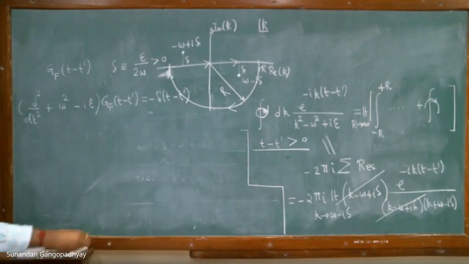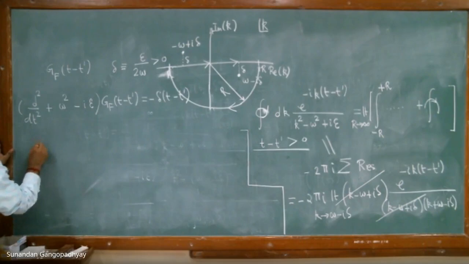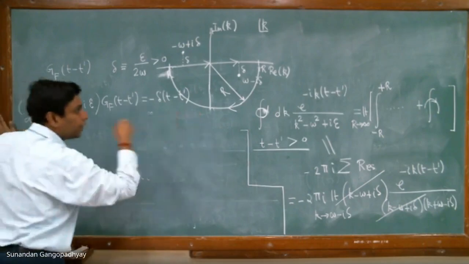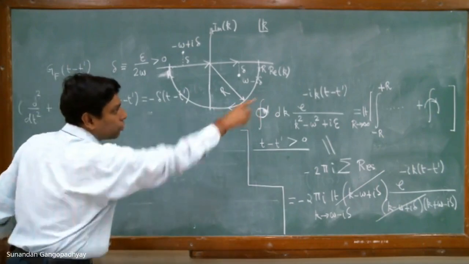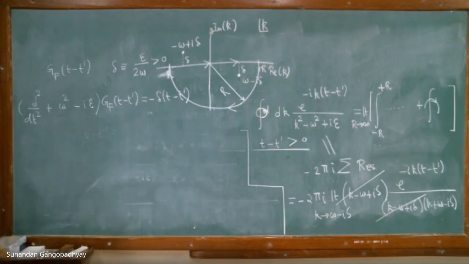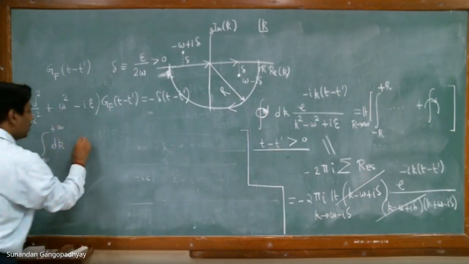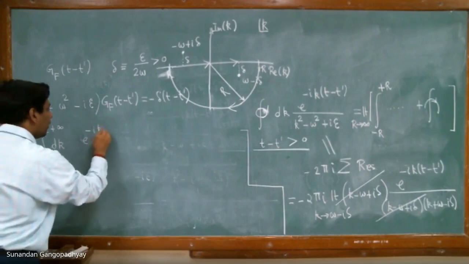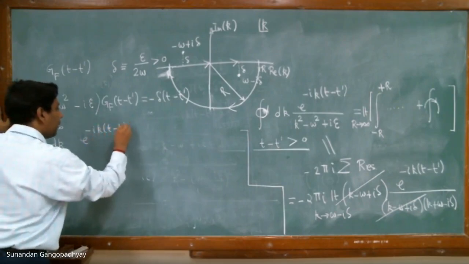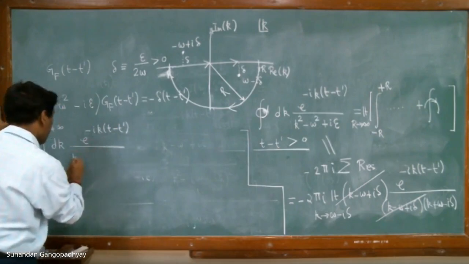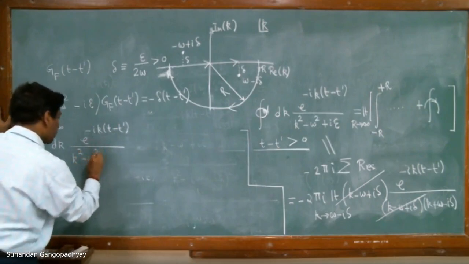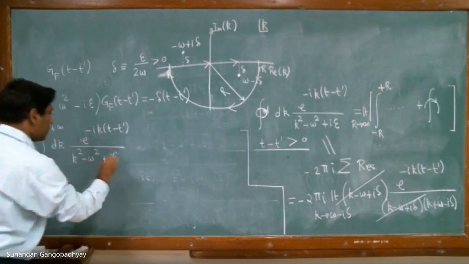So if you do that, then this contour integral, which is basically equal to the Cauchy principal value of that integral, is a Cauchy principal value, which is nothing but this integral, minus infinity to plus infinity dk e to the power of minus I k t minus t prime divided by k square minus omega square plus I epsilon.